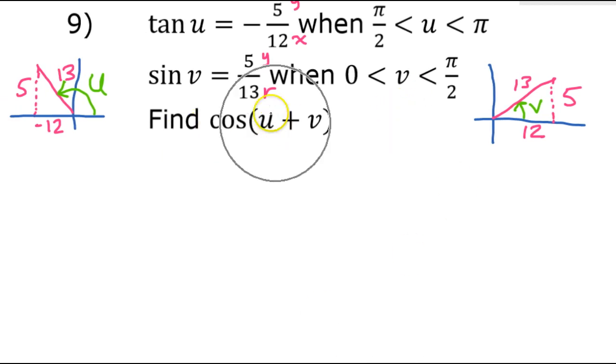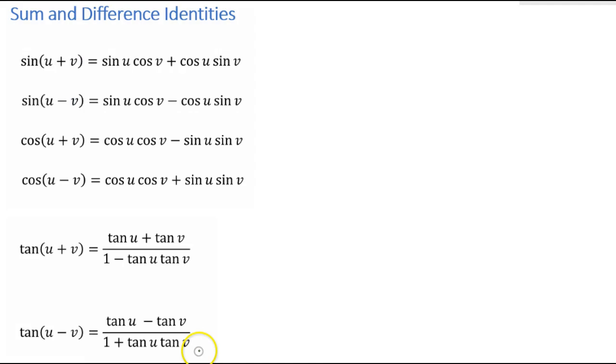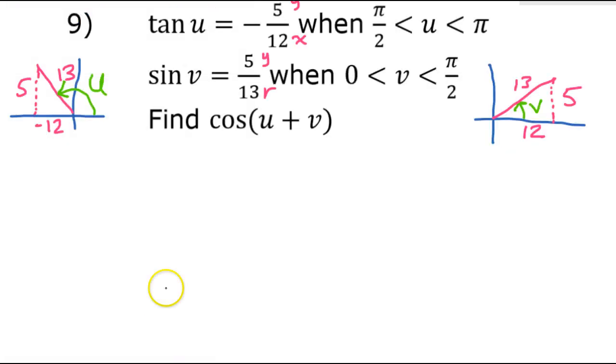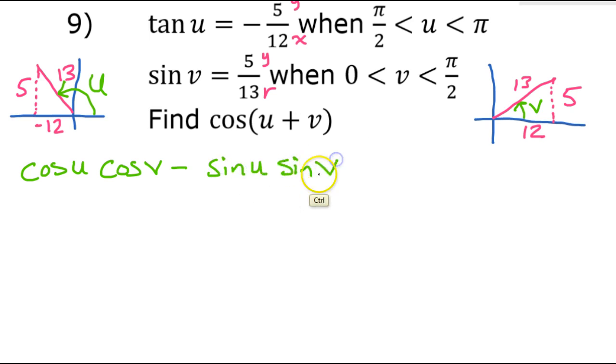Okay, so now, if I want to do the cosine of a sum, I'm doing this formula. So the cosine formula goes cosine cosine minus sine sine. Okay, so that means I'm going to do cosine of u cosine of v minus sine u sine v.